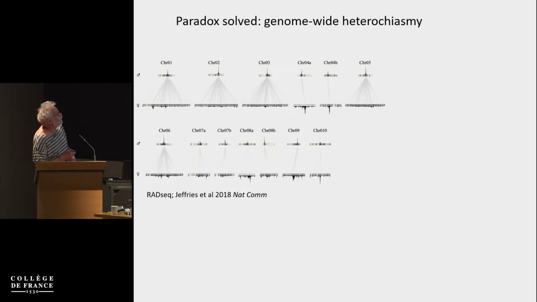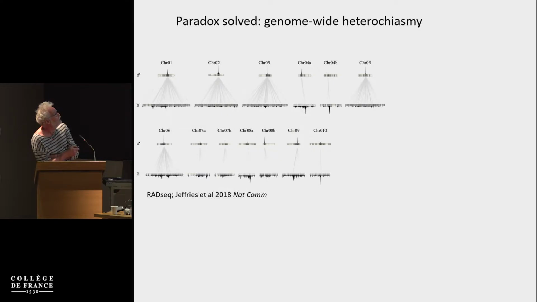For all chromosomes, we have a longer map for the females. But more importantly, females recombine all along the chromosome, but all these markers here converge to a single spot on the male map.